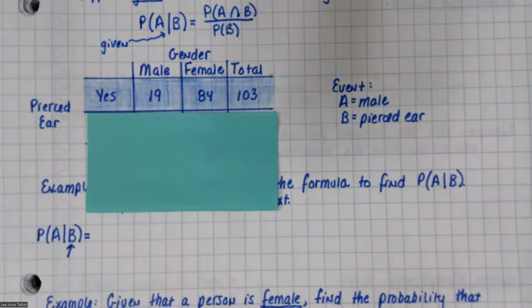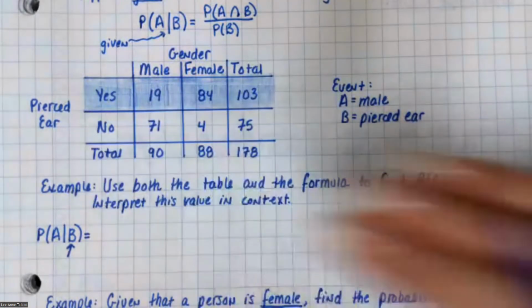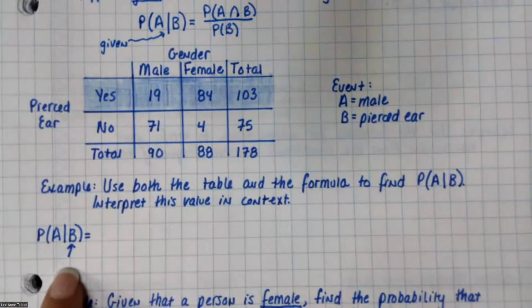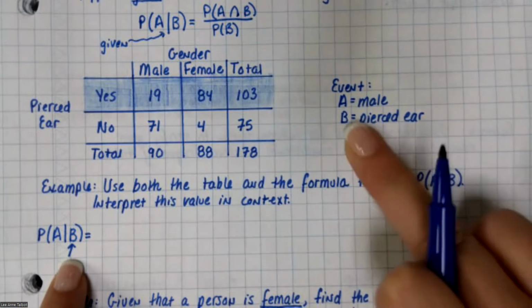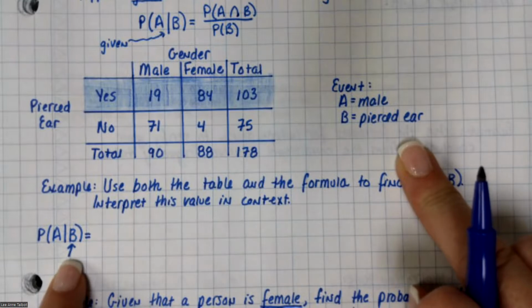Okay, so I've shaded that part. That's the only part I'm looking at. Just looking at the shaded part, that's it. So I shaded the B. Yes, pierced ear. Okay, now what's the probability of both of those things?